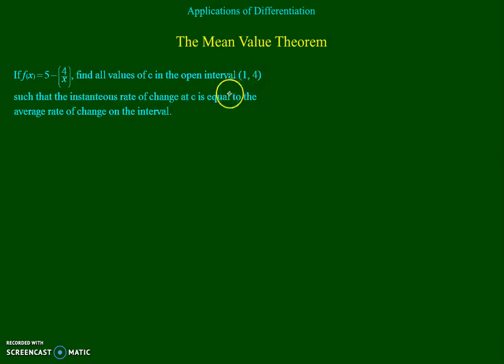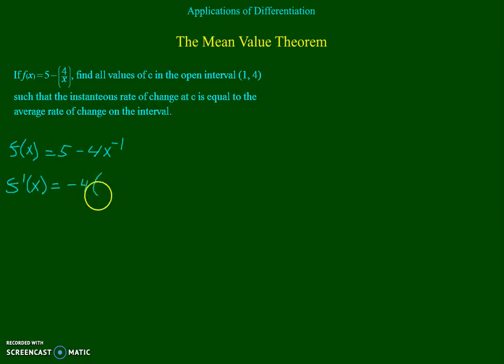And the function needs to be differentiable on the open interval. So let's go ahead and take the derivative of this function. And before I do that, I'm just going to rewrite it real simply just to make it a little easier to see. So this is 5 minus 4x to the negative 1. Okay, now let's differentiate. F prime of x. The 5 goes away at 0.